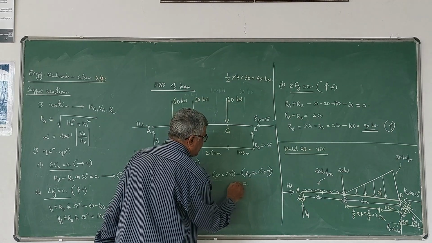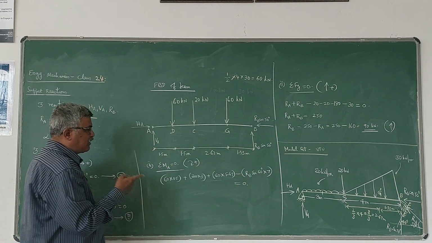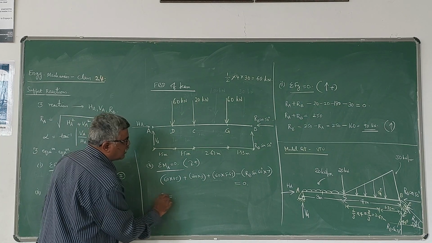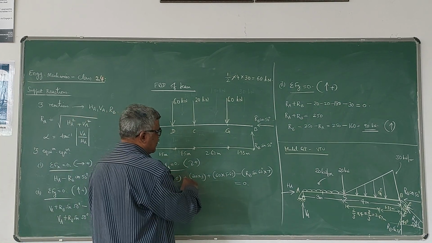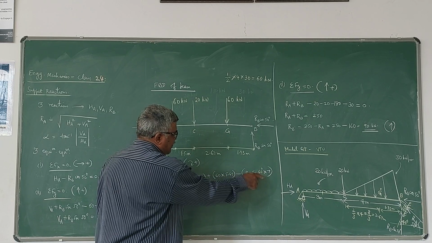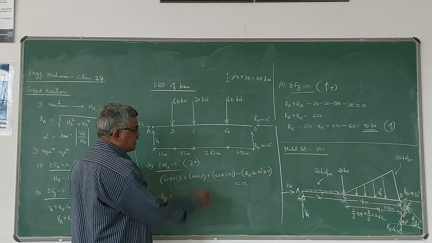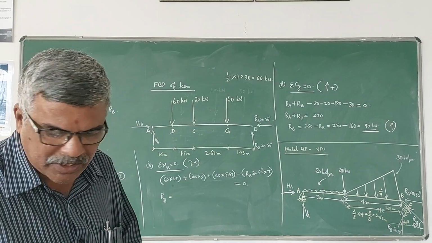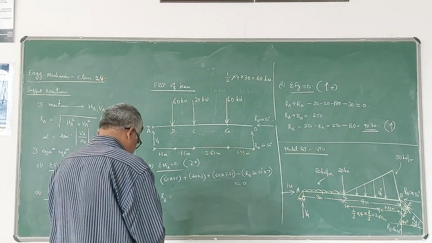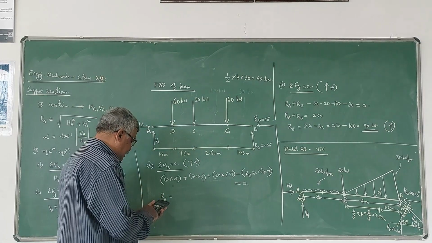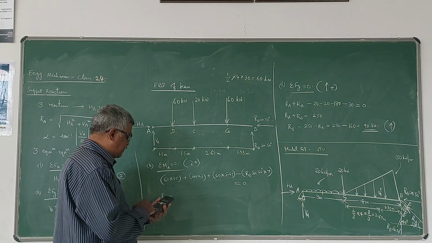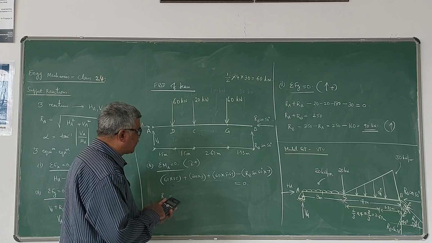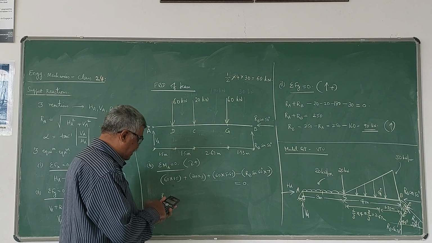Now from this you can easily get the value of RB. You can bring RB sin 60 into 7 to the RHS, and it becomes positive. I have to simplify this: 60 into 1.5 is 90, plus 20 into 3 is 60, plus 60 into 5.67.